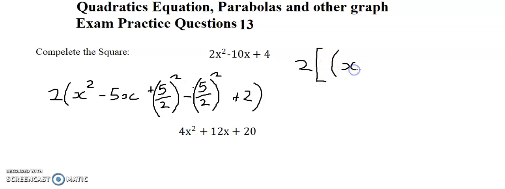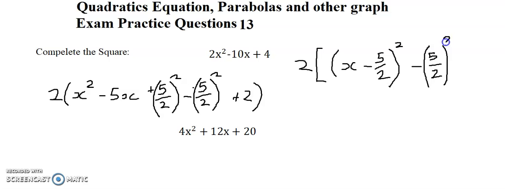We've got x minus 5 over 2 squared. That still leaves us on the outside with negative 5 over 2 squared plus 2. So we need to simplify this outside part now.